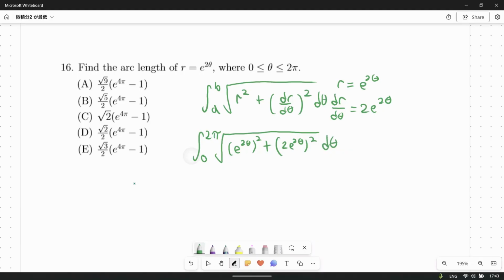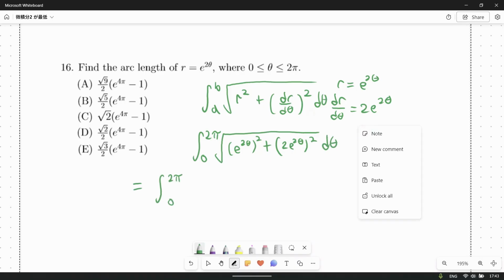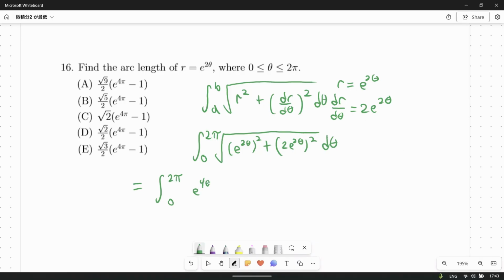This can simplify to the integral from 0 to 2 pi of the square root of e to the 4 theta plus 4e to the 4 theta, with respect to theta, which is equal to the integral from 0 to 2 pi of the square root of 5 e to the 4 theta.